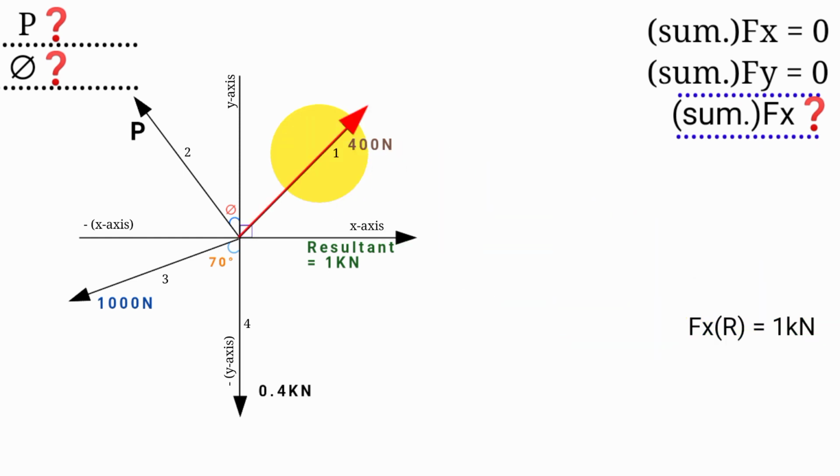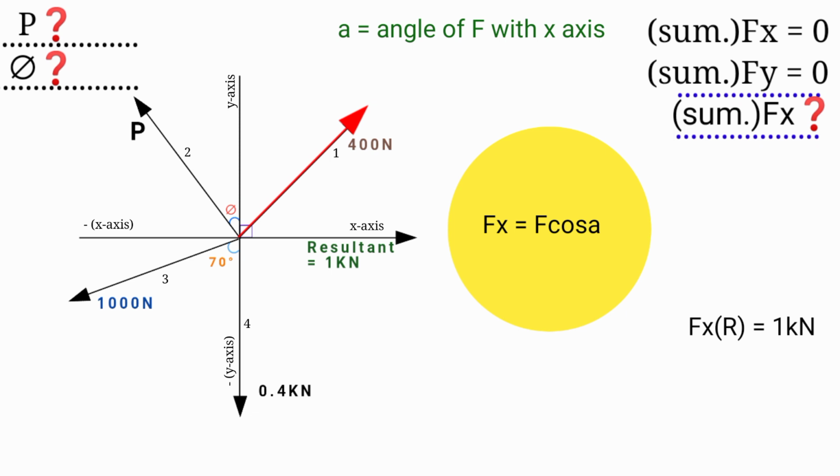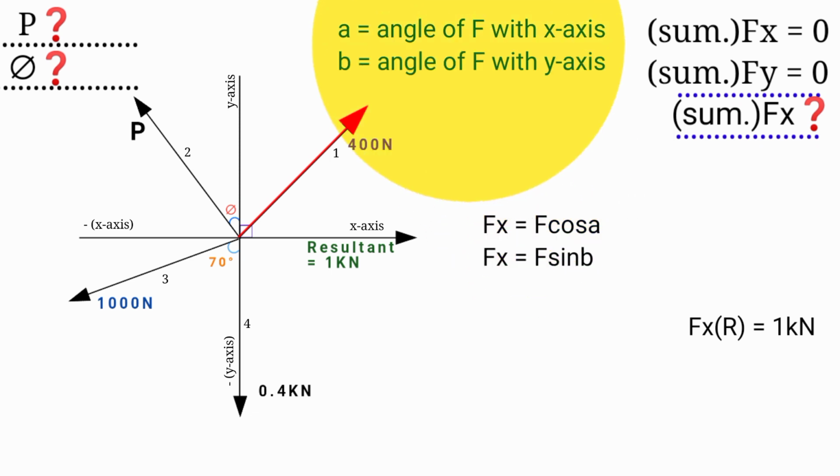Here, for 400 newton, what is the f of x for 400 newton? The formula for finding the x component is f cos A, where A is the angle the force makes with the x-axis, or f sine B, where B is the angle the force makes with the y-axis.